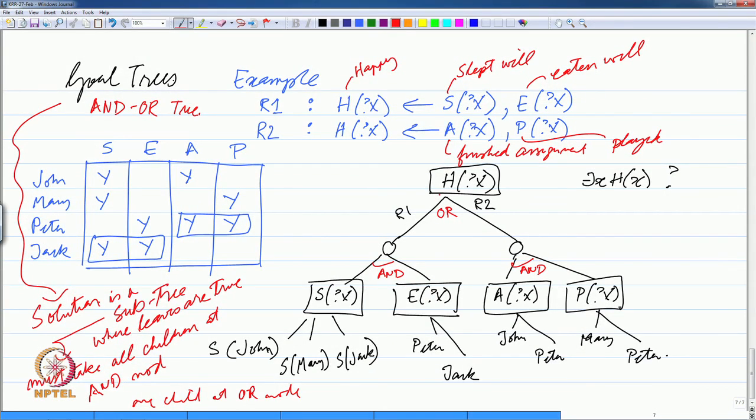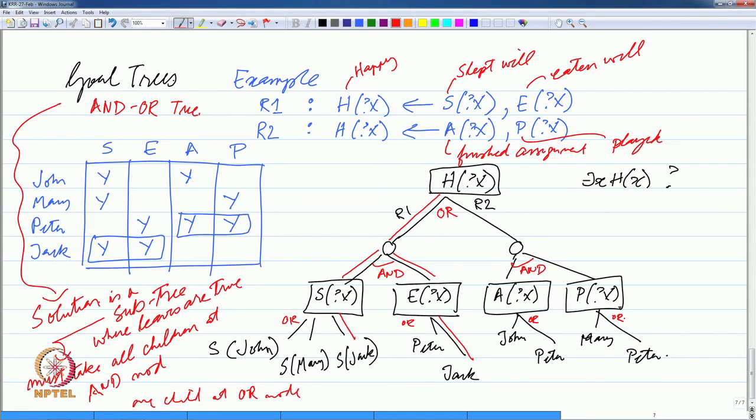One is shown in this red here, that there is a subtree which is satisfying this definition, which is obtained by applying rule R1, then going down both the paths, and then again that is an OR node here. All these are OR nodes, because we have not put an arc across them essentially. So, we have taken the path which leads to Jack, and that we have got this OR node.